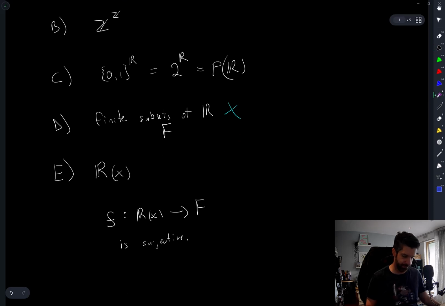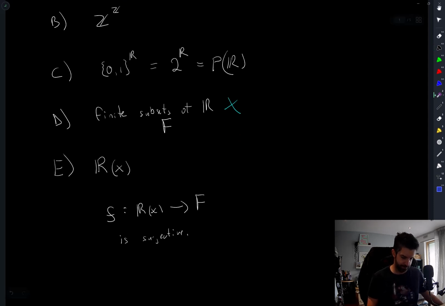Surjective says that the cardinality of that is greater than or equal to the cardinality of that.